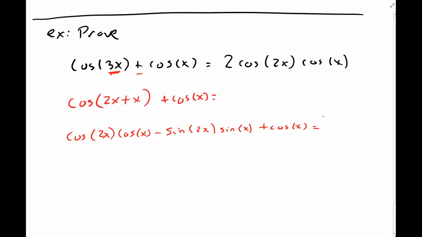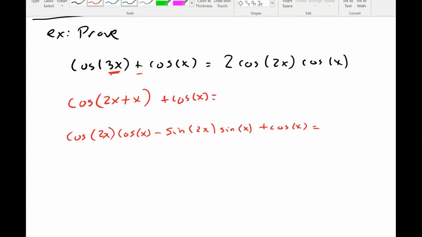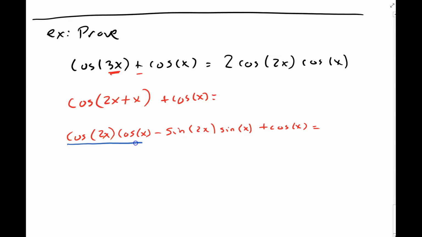So let's look at what we have now. I have one of the things that I'm looking for. I need to somehow get a second one of those, and I have to get rid of the other stuff that's there.